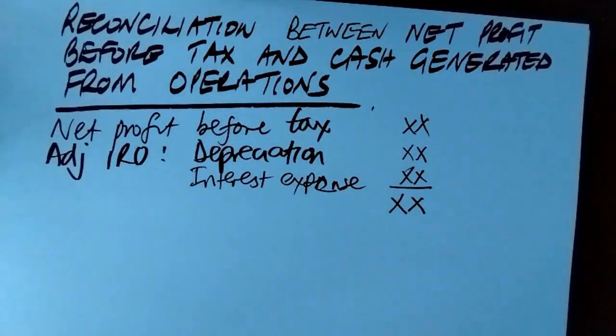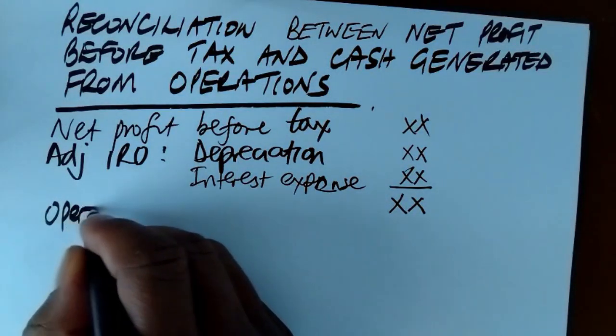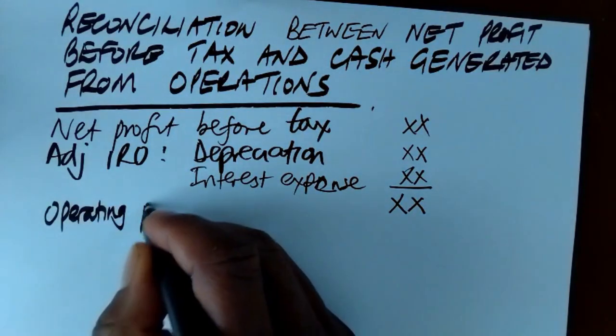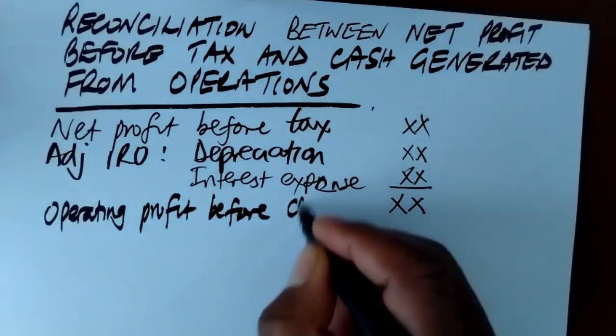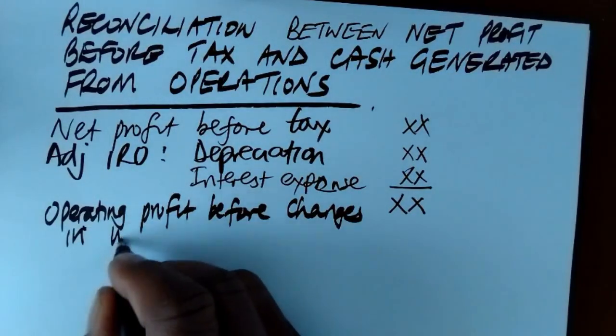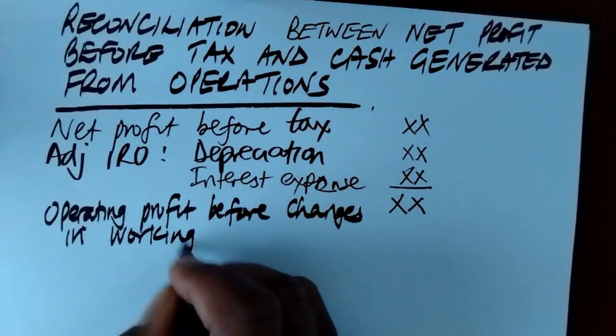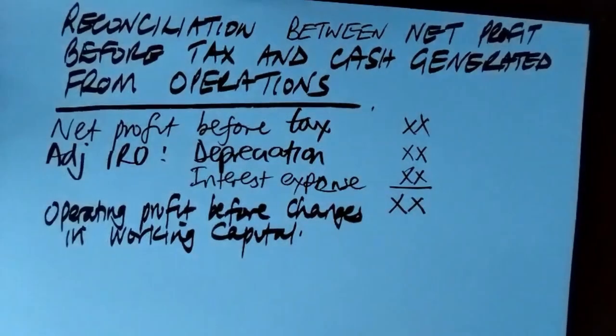So this gives you operating profit before changes in working capital. Okay, operating profit before changes in working capital.